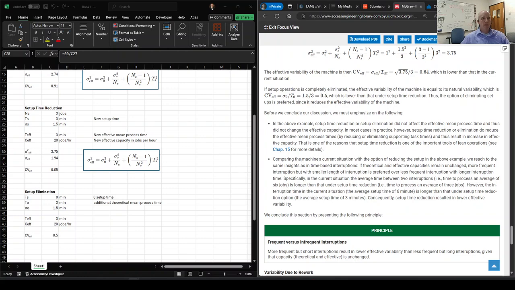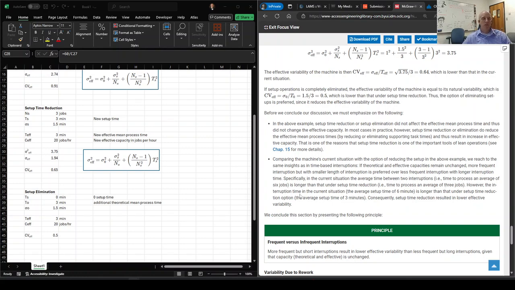Also, comparing the machine's current situation with the option of reducing the setup in the above example, we reach the same insights as in time-based interruptions. If the theoretical and effective capacities remain unchanged, more frequent interruption, but with smaller length of interruption, is preferred over less frequent interruption with longer interruption time. Specifically, in the current situation, the average time between two interruptions is longer than under the setup time reduction, time to produce an average of 3 jobs.